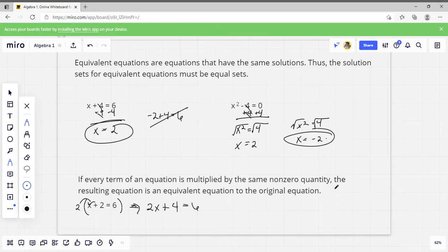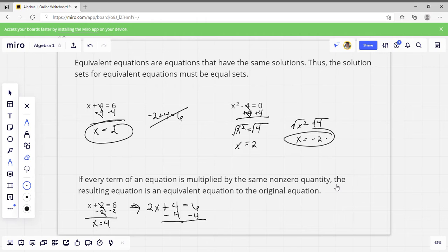So if we solve them, x plus 2 equals 6. We would do minus 2, and we're going to get x equals 4. This one we do minus 4, plus 4.